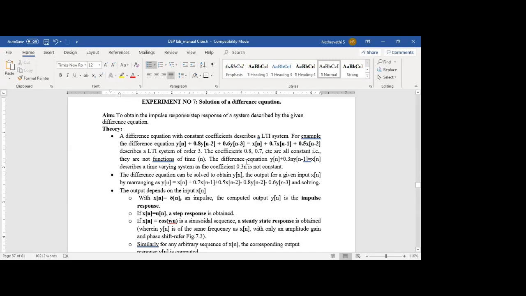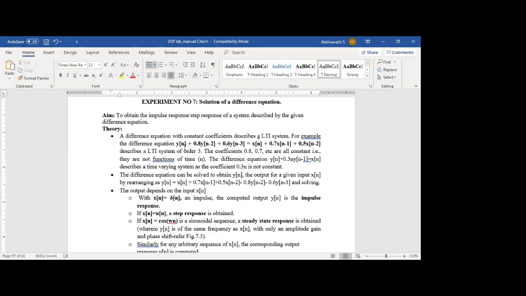And to solve this particular difference equation, what I have to do is nothing but try to get an output equation in the form of y of n itself. And to get that particular form, if I simplify that, or if you just take the given difference equation and write it in the form of y of n, of course I can simplify that particular difference equation.